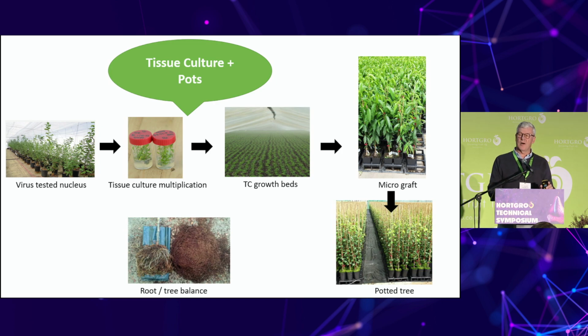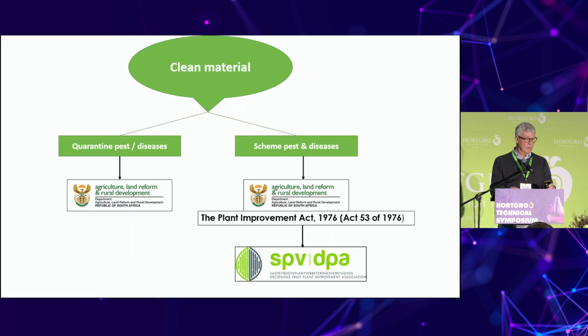So if you start with virus-tested trees in the nucleus, and you go through a tissue culture process, and if you go to micrografting, where you do soft tip grafting, even better, you stand a better chance of starting with a clean tree. And there are cost implications, but you need to look at the cost benefit of that process, particularly where there's such a pressure on growers to achieve early production. The sustainability of your orchard is dependent to an extent on those first 6 years.